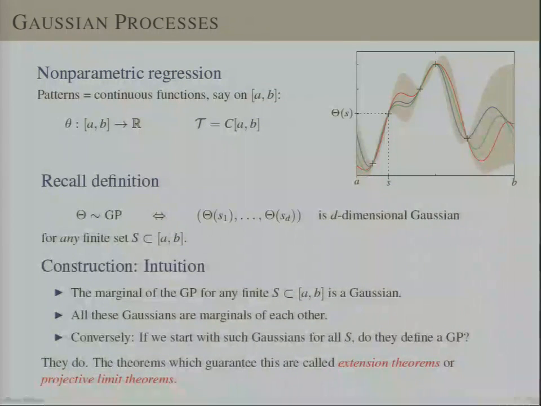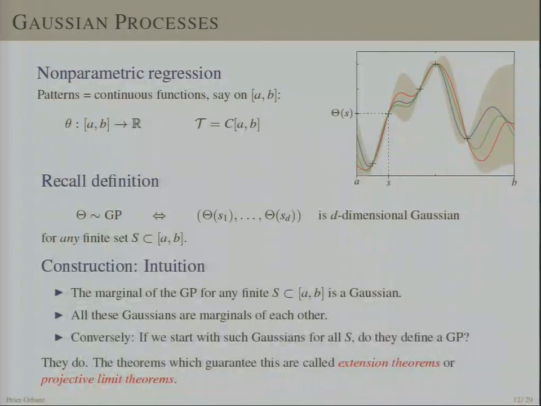They can't be arbitrary because they are all marginal distributions of one and the same infinite dimensional probability distribution. So in particular, if we take some set of points here and look at the distribution that we get from that, and then we take a subset of these points and again look at the distribution that we get from that, then the second distribution will be a marginal of the first one, right? Does that make sense?